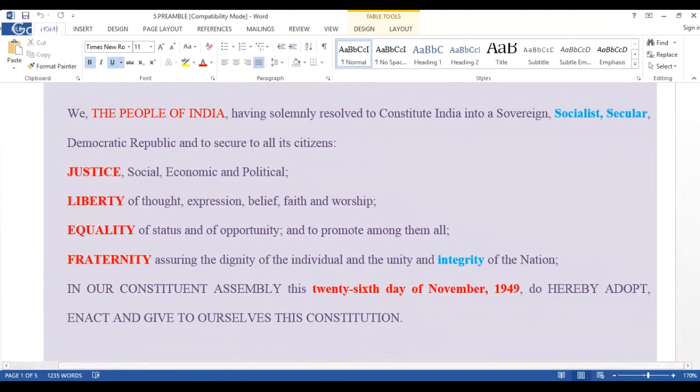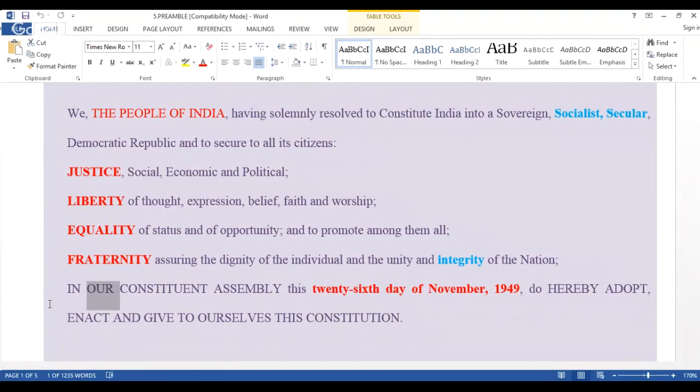Look at the second line from the bottom: in our Constituent Assembly, this 26th day of November 1949, do hereby what? Adopt, enact, and give to ourselves. Adopt means acceptance, enact means making a law, and giving to ourselves means the people made this Constitution for themselves. That is the basic meaning here.